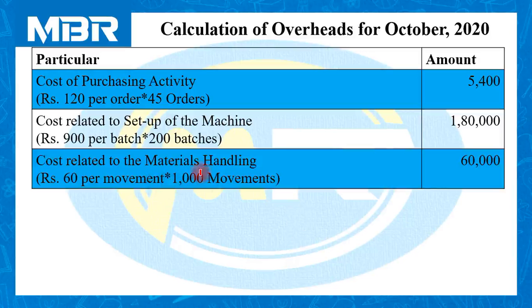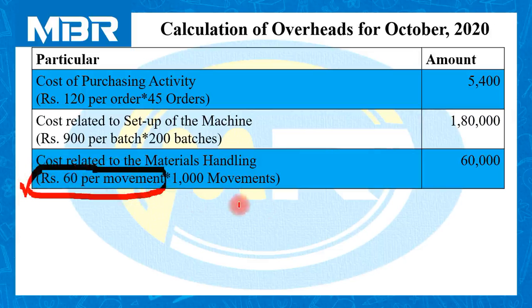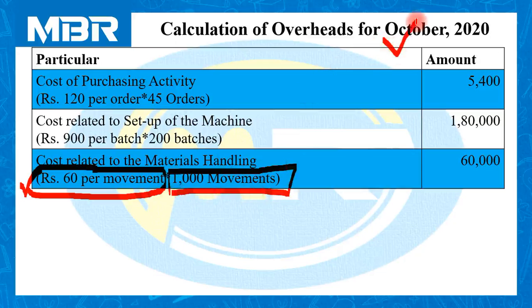It is materials handling. As per our calculation, the cost is allocated at the rate of rupees 60 per movement, and we have also completed the calculation of the number of movements for October 2020.